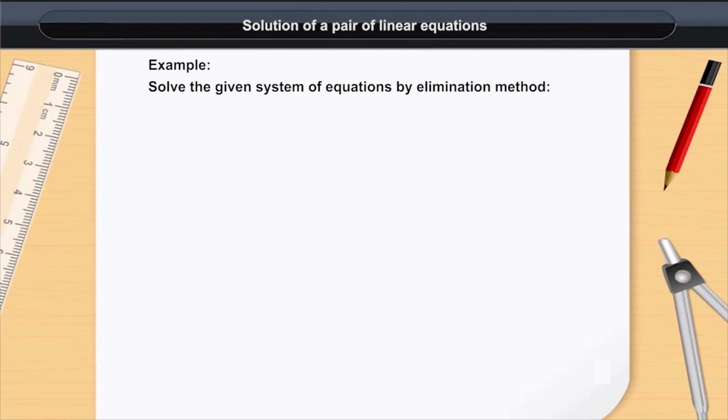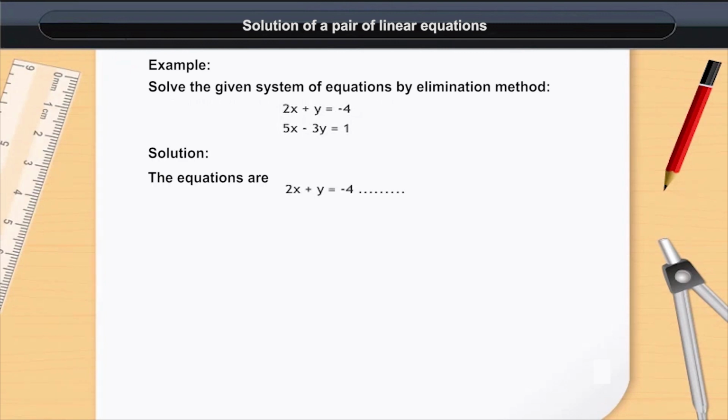Example: solve by the method of elimination the given system of equations: 2x plus y is equal to minus 4, and 5x minus 3y is equal to 1.